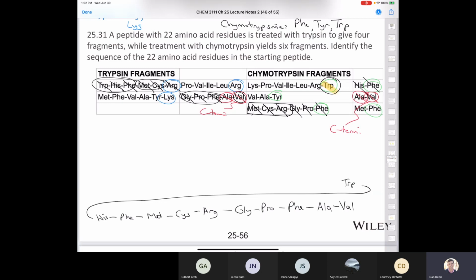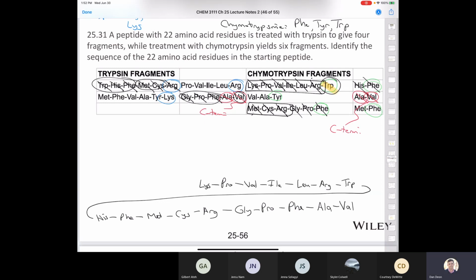So valine, phenylalanine, proline, glycine, arginine, cysteine, methionine, phenylalanine, histidine, tryptophan. And then I'm going to have all these ones here. So one's up here. So then I've got arginine, leucine, isoleucine, valine, proline, glycine. So I can cross all of these ones off right here.